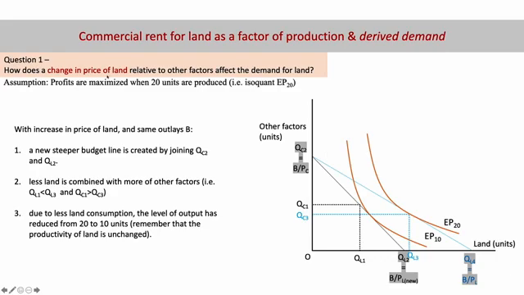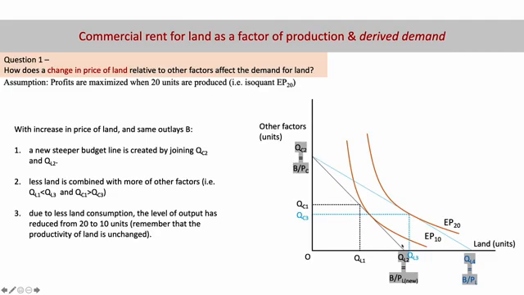Now, what will the change in price of land do? We are assuming a situation where there is an increase in price of land. So let's read it on the graph. We know that if the price of land changes from PL to PL new, which is greater than PL, the quantity demanded will reduce from QL4 to QL2, and the budget line will become steeper because the price of other factors of production is not changing, nor is the total budget.